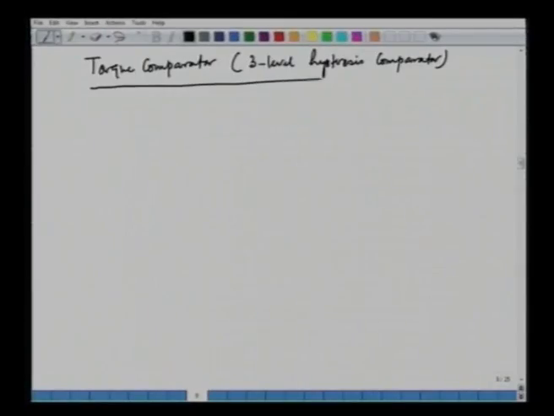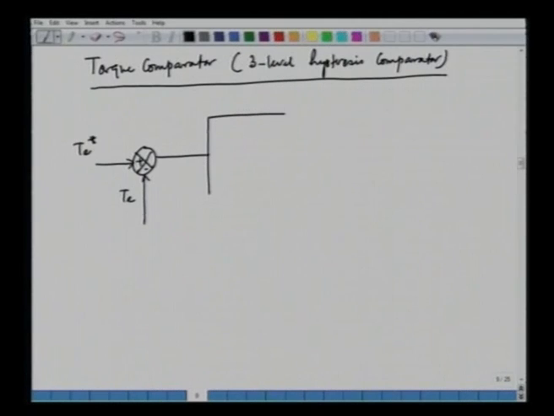So, this torque comparator is realized in the following fashion. We have the reference torque here, and we have the actual torque, and this is fed to a 3-level hysteresis comparator.